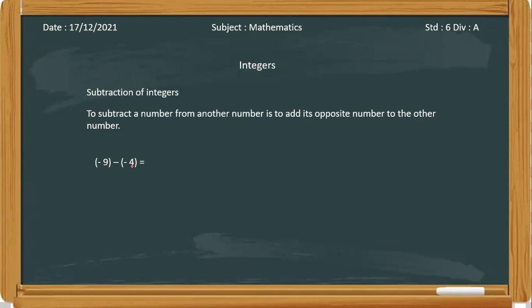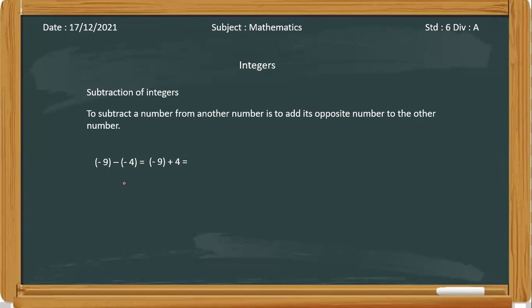What is the opposite number of -4? 4. Right? So we keep -9 as it is, change the minus sign to positive, and write the opposite number of -4, which is 4. So our equation will be -9 plus 4.